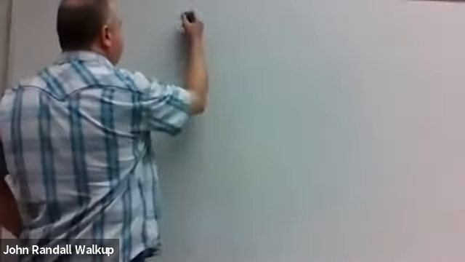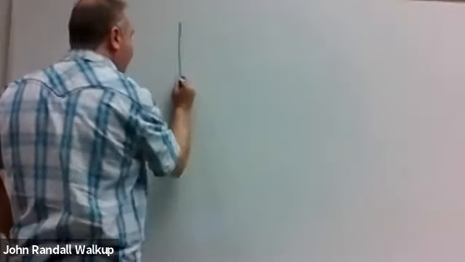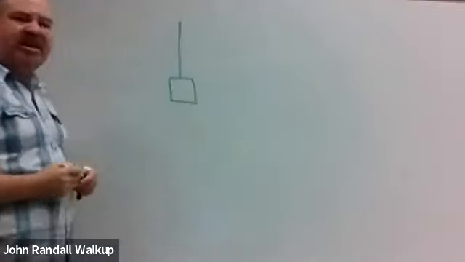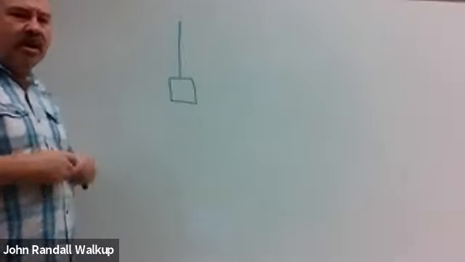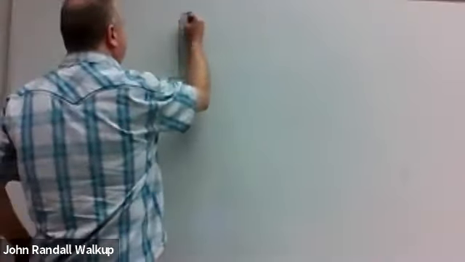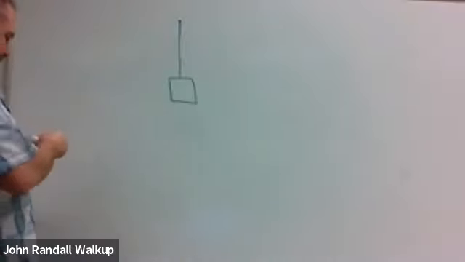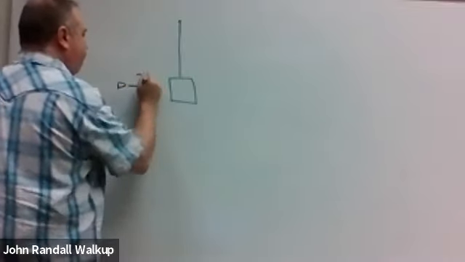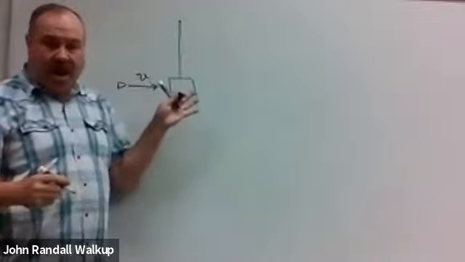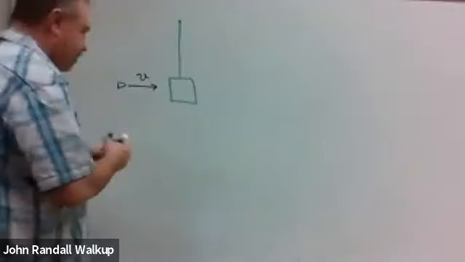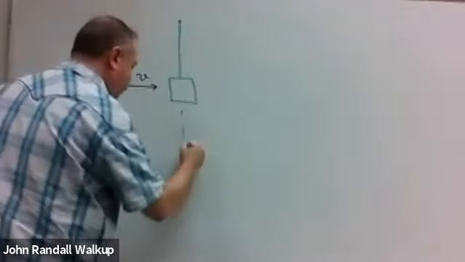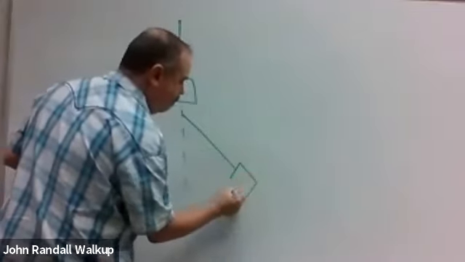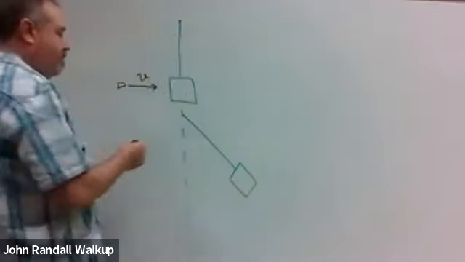Okay, so what we have is a block. It's usually a block of wood that's hanging from a string. And a bullet comes through at high speed, embeds into the block, so that afterwards, the block rises to some maximum angle.